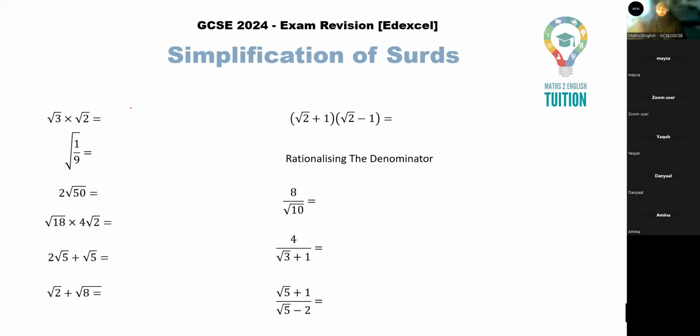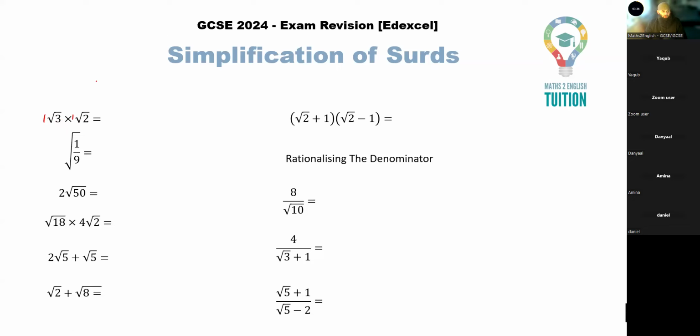The first one, first we're going to multiply these two. We're going to get the square root of 6. If you treat them like a fraction, the front numbers of the roots multiply, and inside the roots multiply.